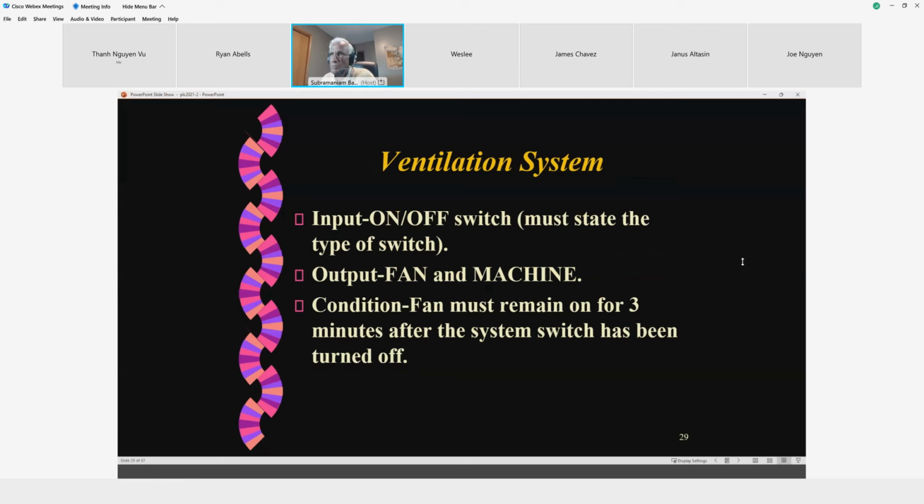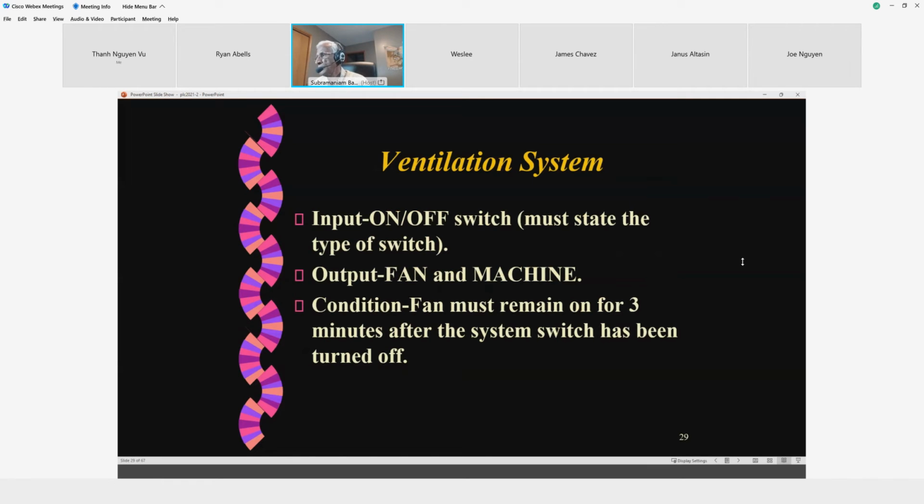So that's the problem statement. Now, looking at the problem, this is a very simple problem. Not very many things are involved. You must identify what needs to be controlled as an output and what needs to be an input to the controller. And you don't have to worry about what type of sensor it is at this point, but if you're going to implement, you have to look at that too. So right now, there is an on-off switch.